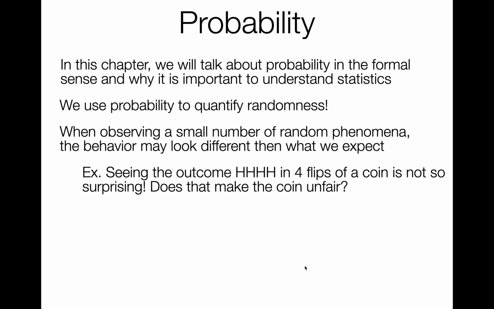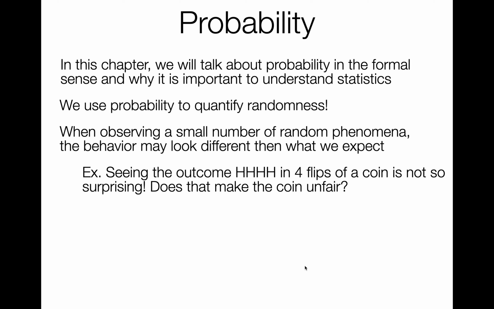Okay, so back to the point that we're getting at here. When you observe a small number of random events, the behavior that you expect may be different from what you actually see. So for instance, if I flipped a fair coin 4 times, what would you expect the number of heads and the number of tails to be?